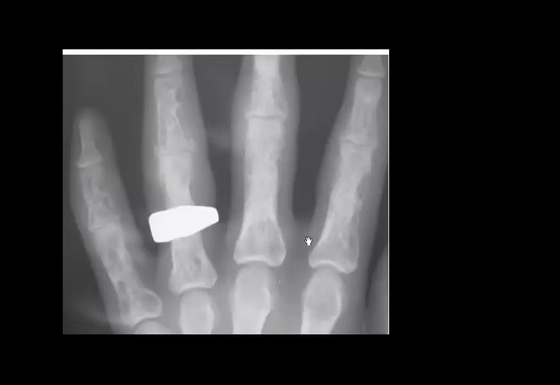And you will search for other criteria of sarcoidosis. What would you like to request for this patient? Chest X-ray, to find something. If you already have a chest X-ray, you request a CT. Yes. Perfect.